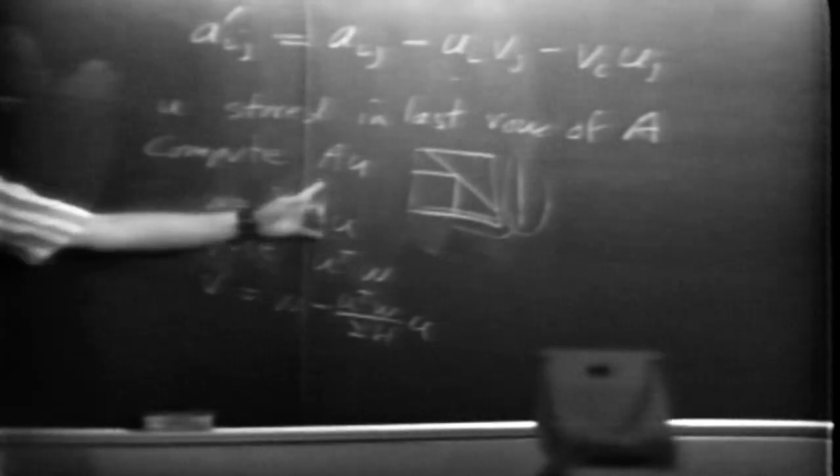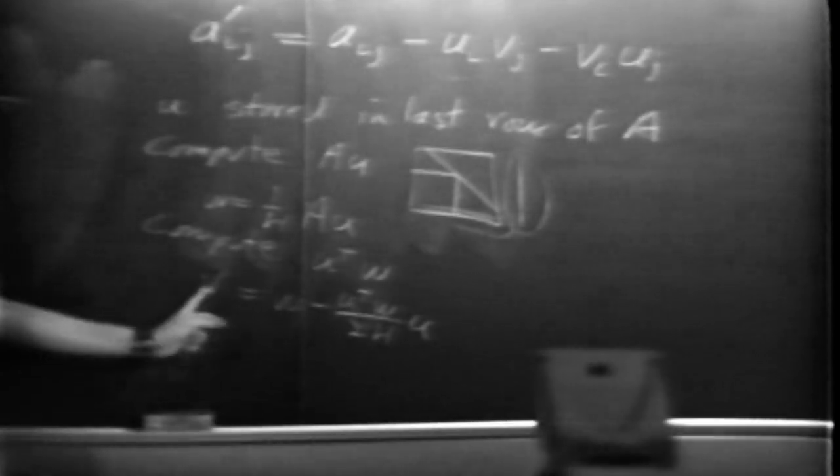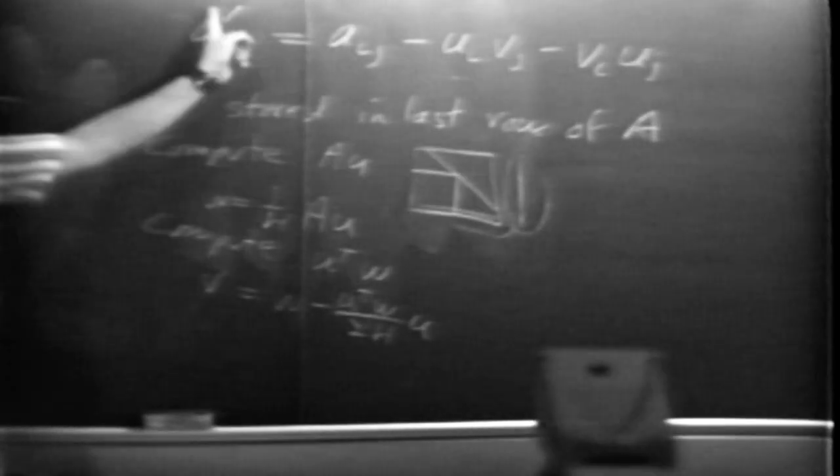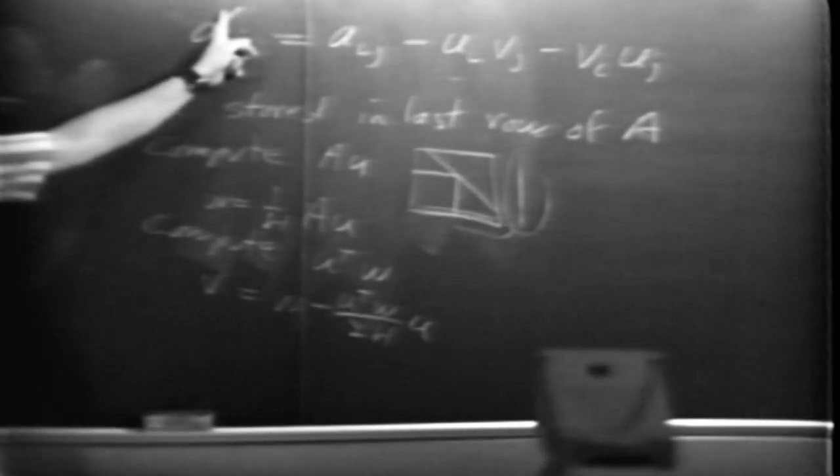Those are the two basic calculations that go into defining the V that I'm going to use in the actual householder transformation.